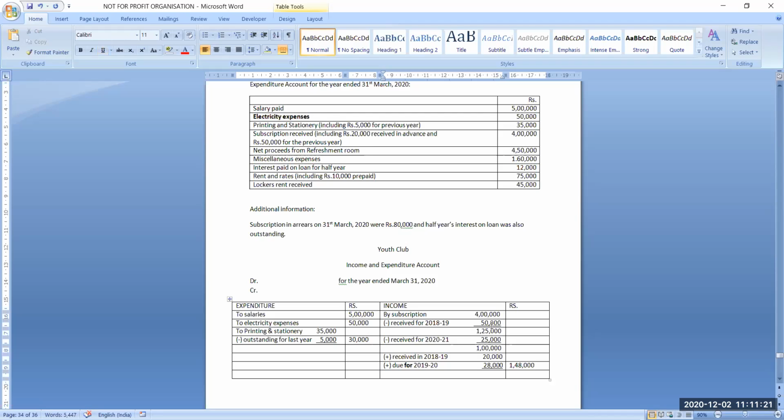So in 4 lakh, we will deduct the 50,000. Then it says rupees 20,000 received in advance, so this amount we will also deduct here, 20,000. So it will become 3,50,000 and then 3,30,000.